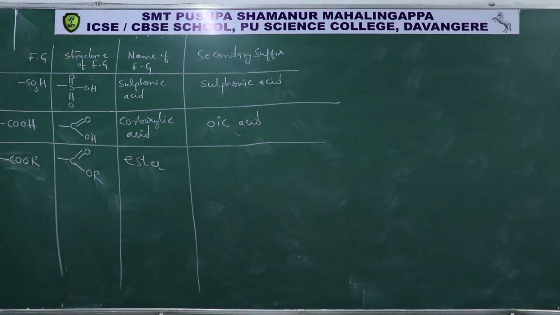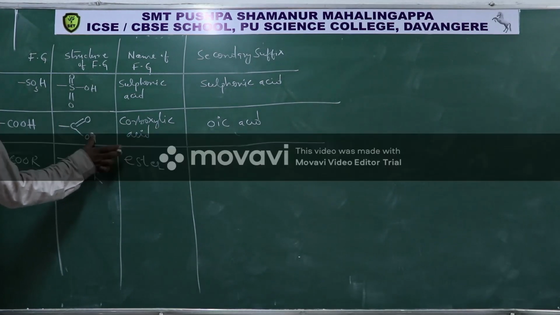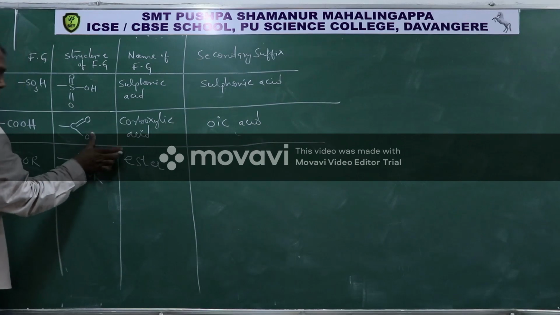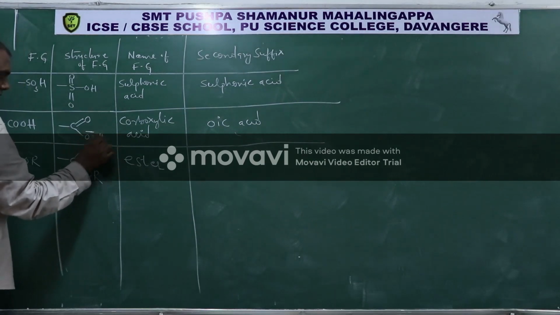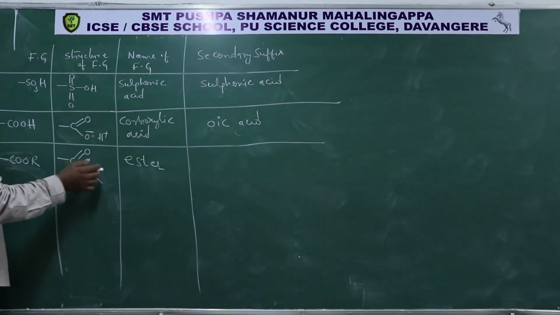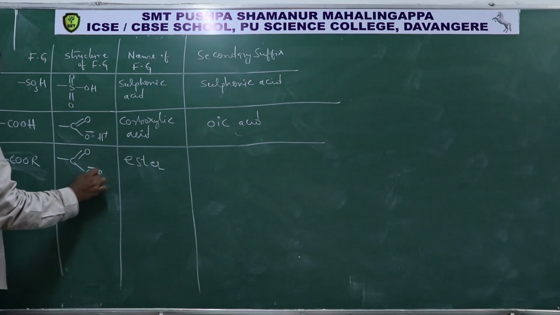Now here, in this carboxylic acid group, it is written as oic acid as secondary suffix. I write O minus H plus. Here the difference is, in place of this H plus, I have R plus.